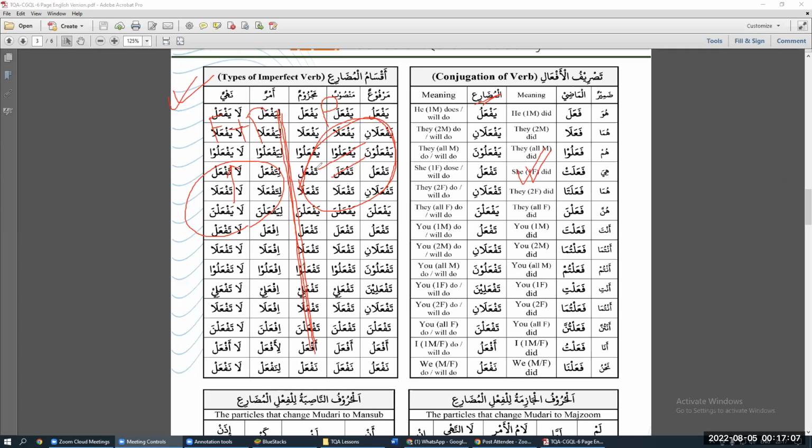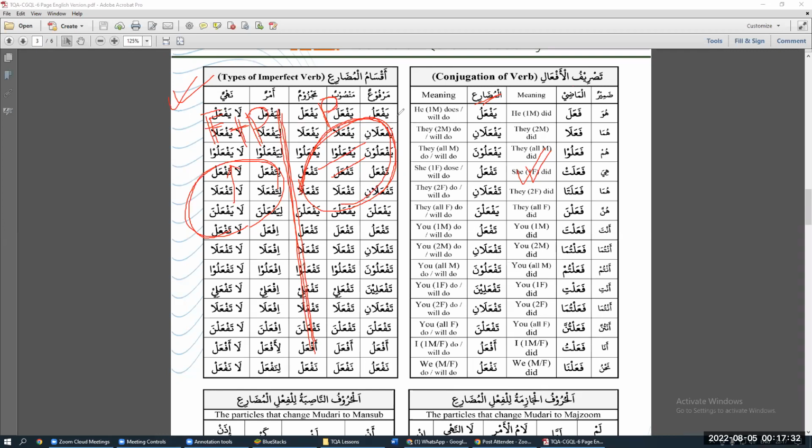Okay. So now this is a very important concept: action completed, action not yet completed. If we compare with our English, we find this is past, and this is present and future. Correct? Absolutely correct concept. Is everybody clear on it?